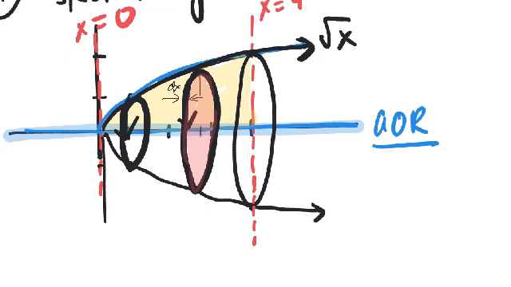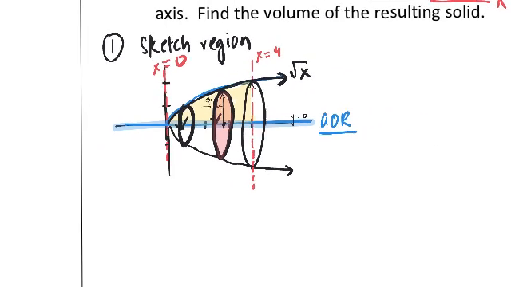And you can also see that the radius of each of these disks is the y high, which is rad x, minus the y low. The y low is right here on the axis of revolution, right? The axis of revolution is the line y equals 0. And the distance between that and the rad x graph is just rad x. That's going to be my radius.